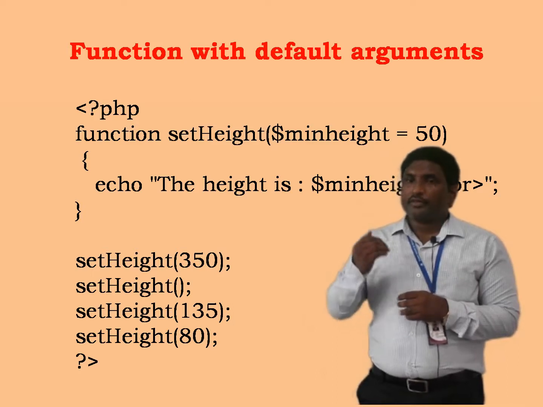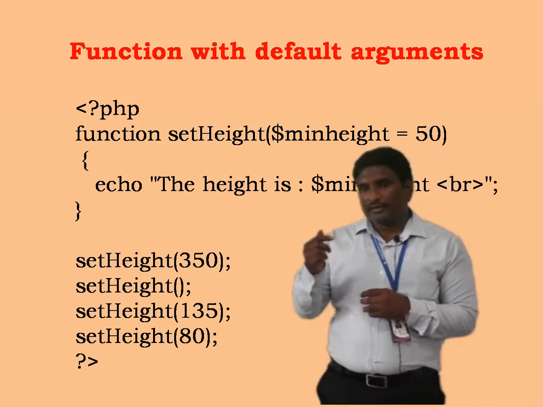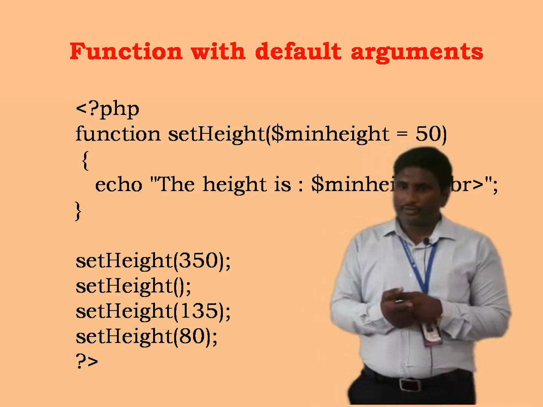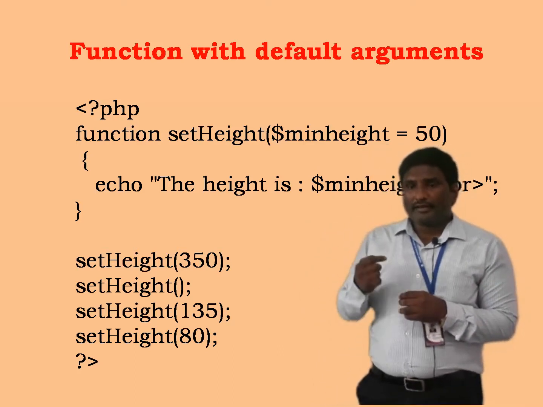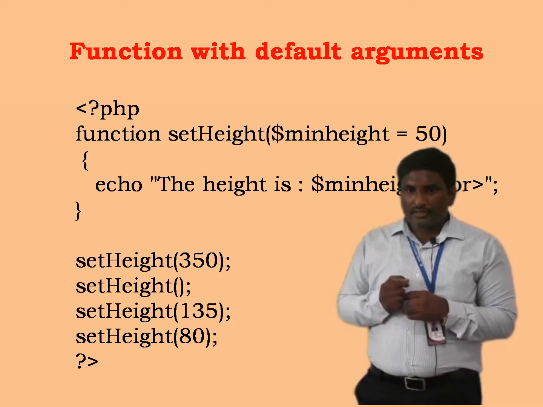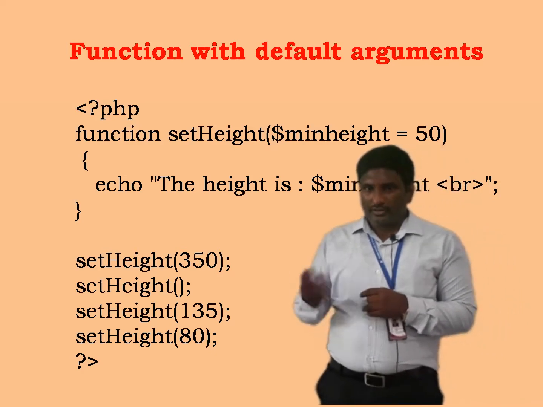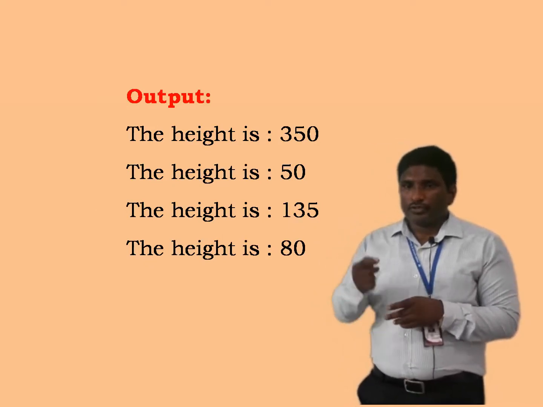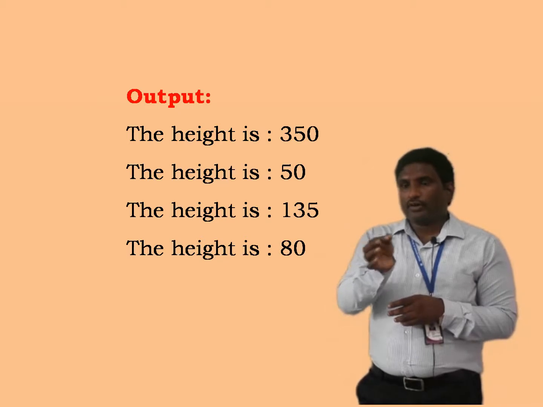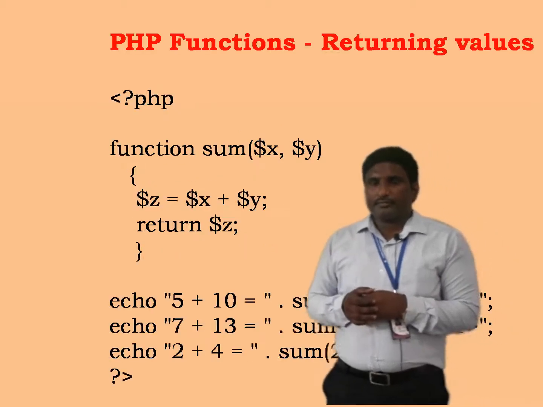Second line, the height is 50. In this scenario, we did not pass any value, so the default argument is used. Next, the height is 135. Next, the height is 80. This is the output for this program. So we just need to know what a default argument is. That's all.